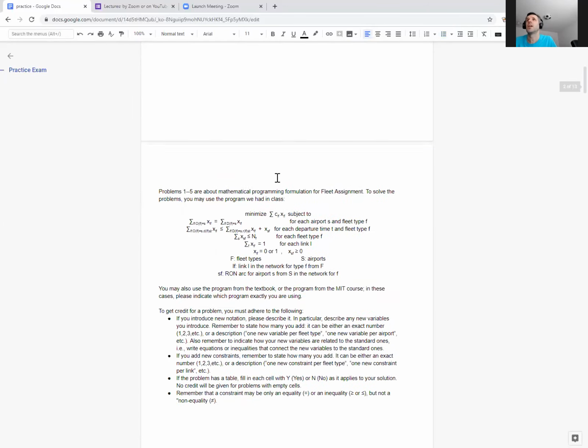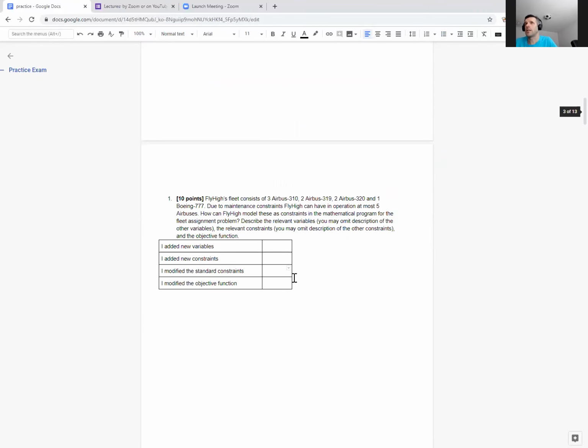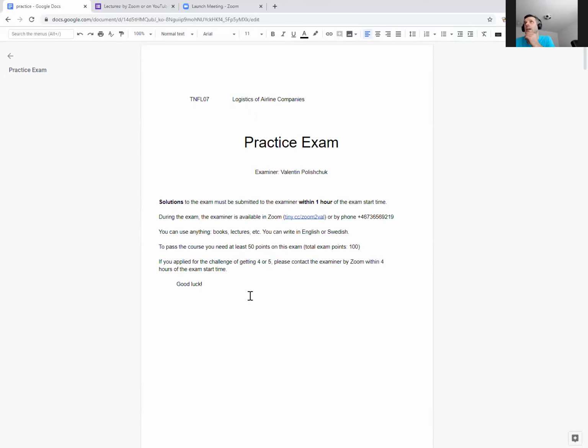In these tables, you will have to put yes or no's as appropriate. But there are no problems where you only have to put yes or no's. You also have to write some formulas pretty much in every question. Some formulas or some numbers. And that's, by the way, the reason why I decided not to try to have this exam via Lisa more.